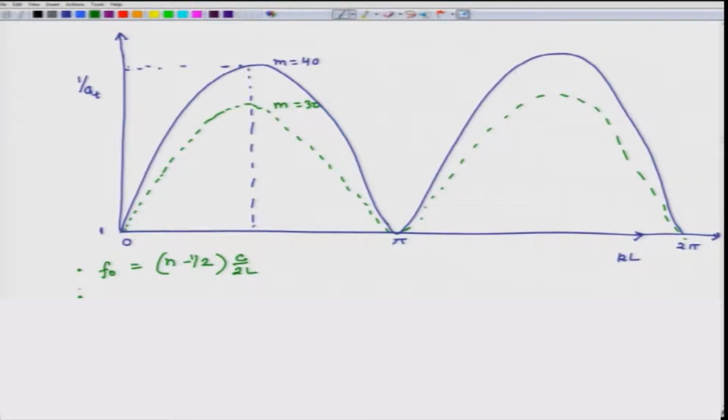The other conclusion is that as m increases, 1 over AT also increases, and if 1 over AT increases, then our transmission loss also increases, and if the parameter m goes down, then 1 over AT also becomes less. So, this is another thing I wanted to say.